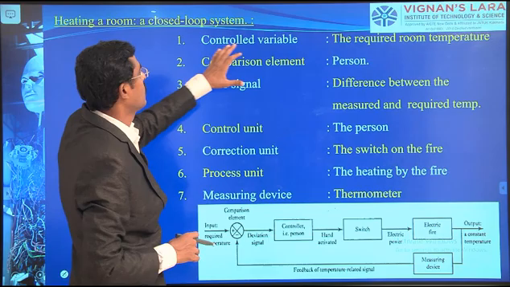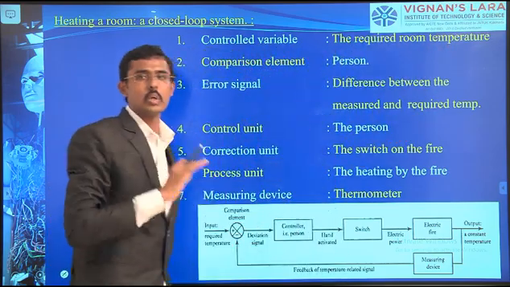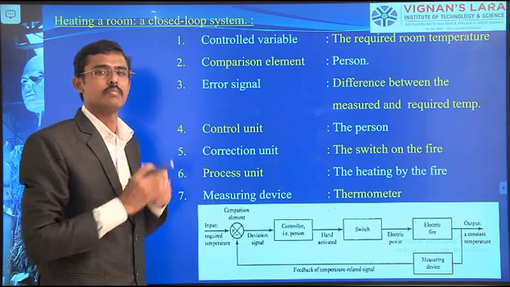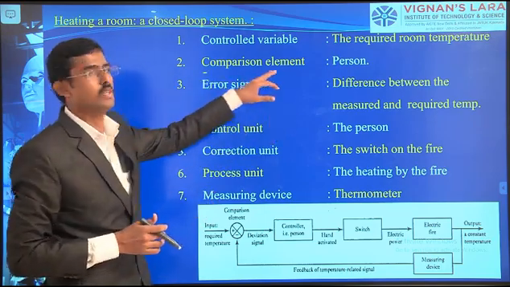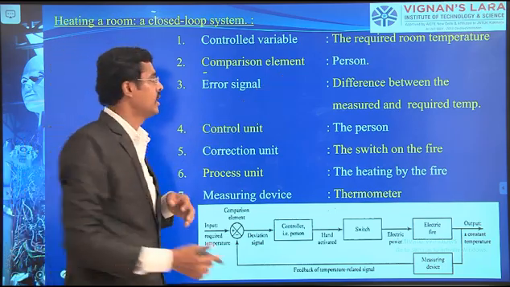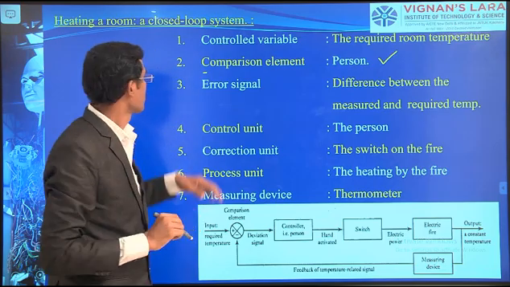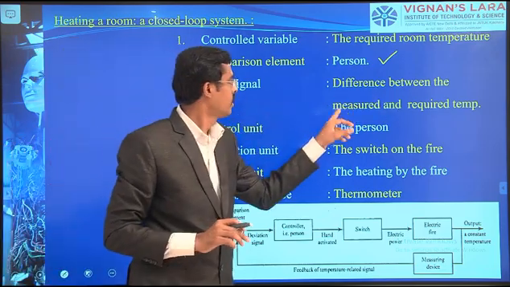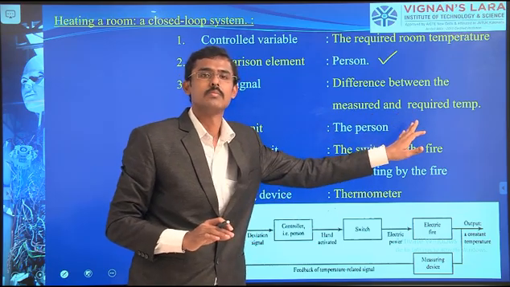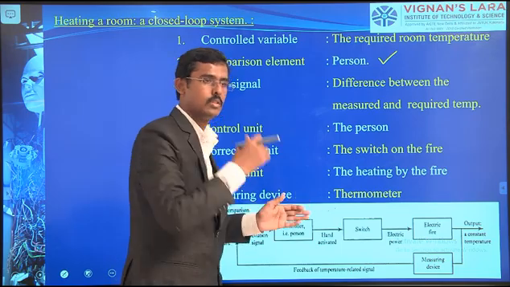So see, the control variable, the required temperature, is measured and controlled. The room temperature is maintained at the desired level. Who is the comparison element? Myself, a person. I am comparing. The definition of error: the difference between the measured and the required value, that is, between the set value and the measured value.